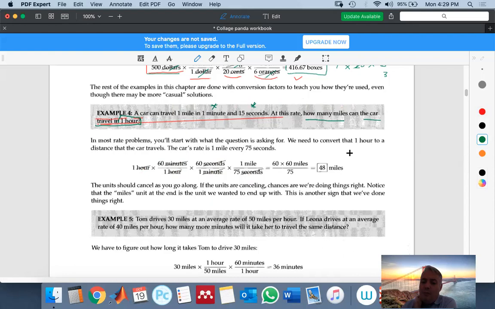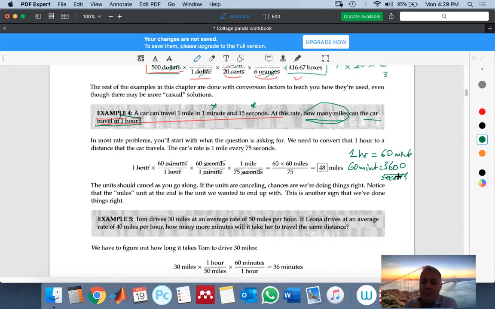So what I know is 1 hour is 60 minutes and 60 minutes is equal to 3600 seconds. 1 hour is 60 minutes, 1 minute is 60 seconds, so 60 times 60, this amount. So I can change the question like this: how many miles can the car travel in 3,600 seconds?